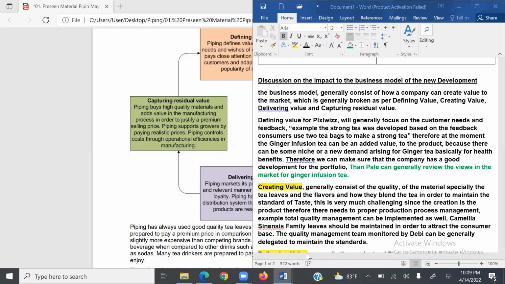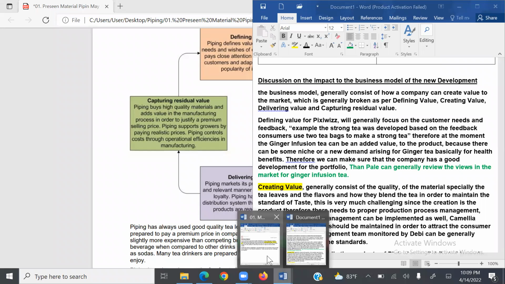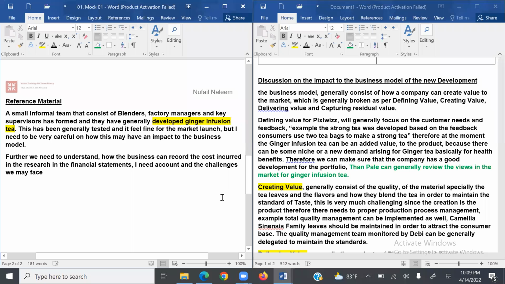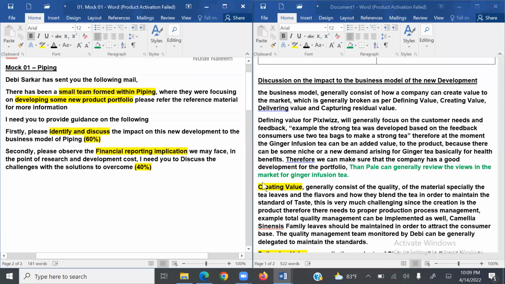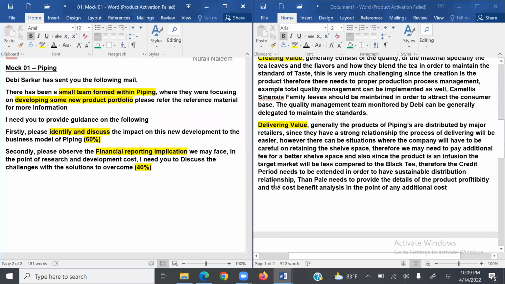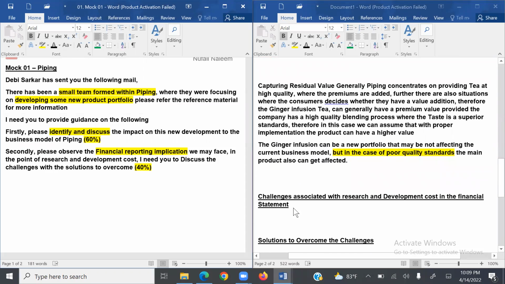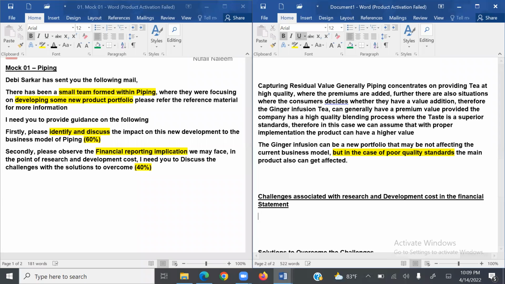Any questions you have before moving into the accounting implication, you can ask me, students, because we are going to do the accounting implication next. If you're fine with the way of writing, and if you're clear on how you are thinking relevant to the case study, it's important.